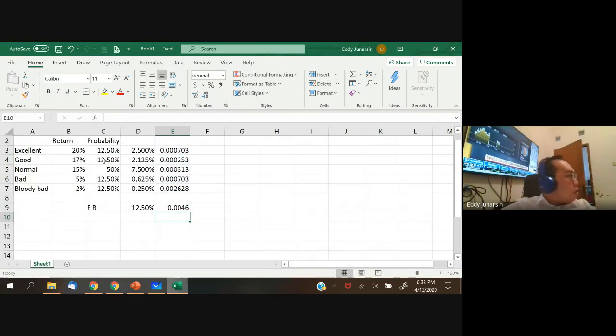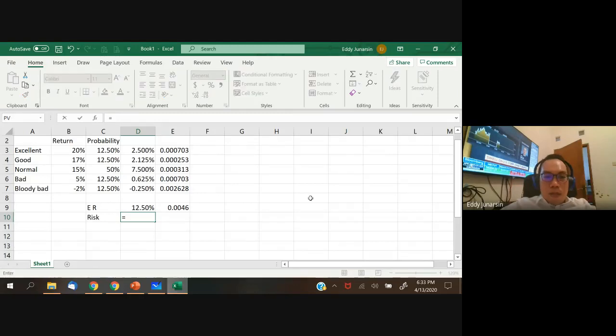So up to this point, we get the variance, and to find the risk, we do the square root of this, right? You can use SQRT, or you can use the power of half, which is the same thing.